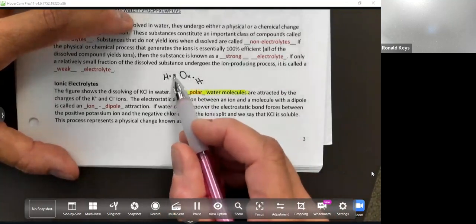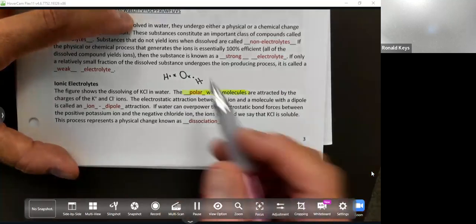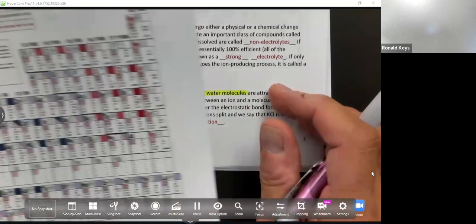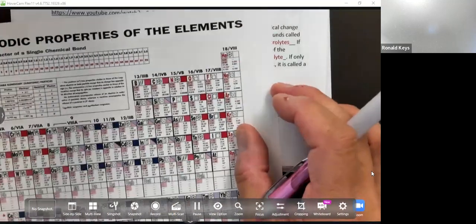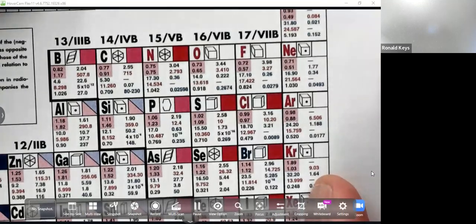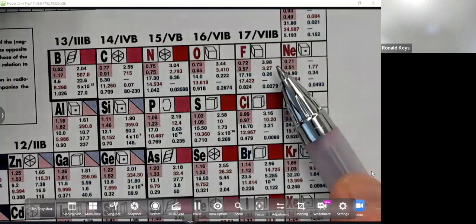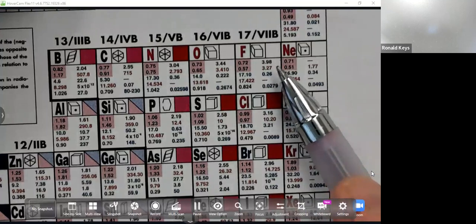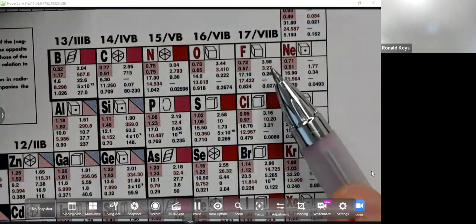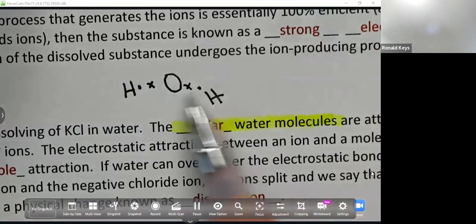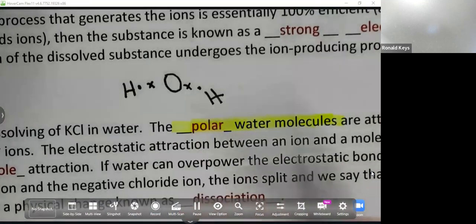There's a tug of war for these shared electrons. Whichever one has the highest electronegativity wins. And the electronegativities are given on the back side of our periodic tables. Top right here, fluorine is the most electronegative element, 3.98.